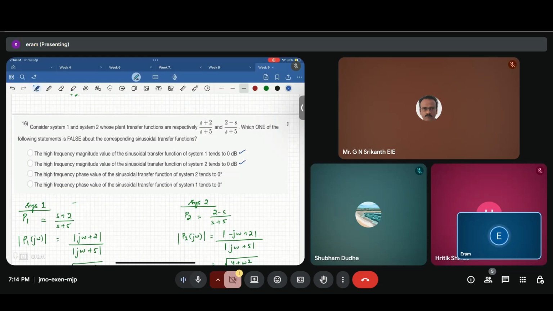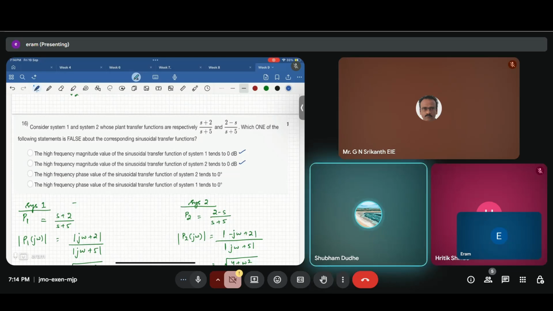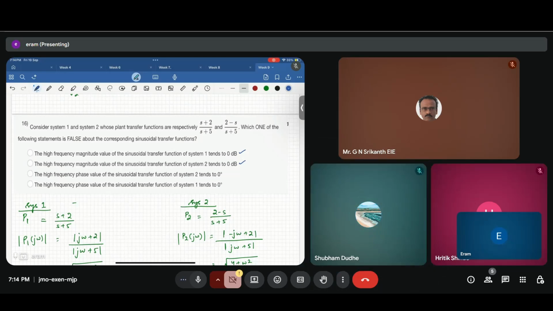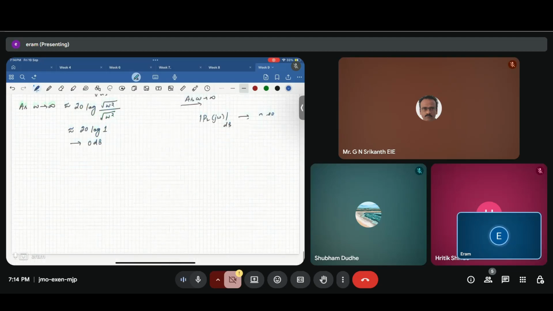What is the definition of a minimum phase system? For systems, if all the zeros are lying on the LHP, then such systems are called minimum phase systems. Oh, I couldn't hear you.